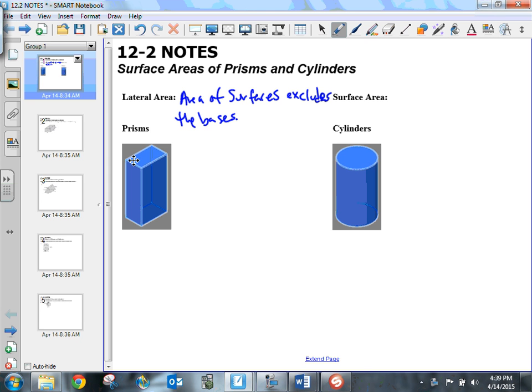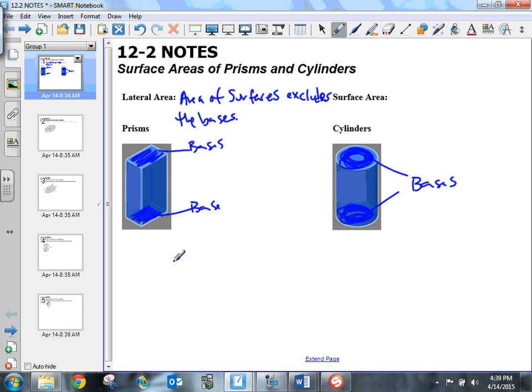All right, so this surface here and this surface down here are the bases, and that would be a base as well. If I had a cylinder, then I have a circular base. This whole area here and this whole area here are the bases. So the lateral area is the area of all of the surfaces excluding the bases.